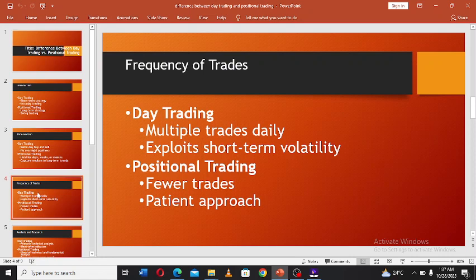While positional traders trade few times, their trades are so few, and they have a patient approach. I call them tigers. If you watch Nat Geo Wild, when a tiger wants to go hunting, they take their time, they study their prey, and know when to attack.